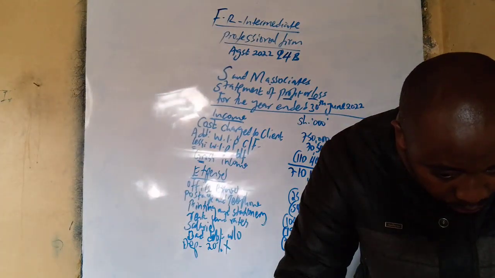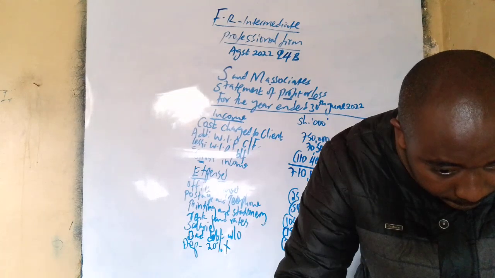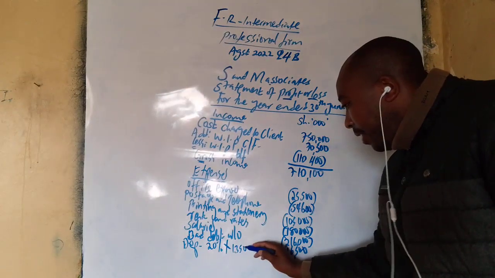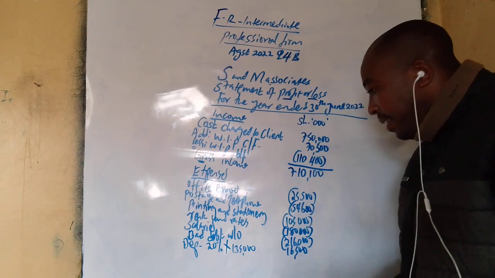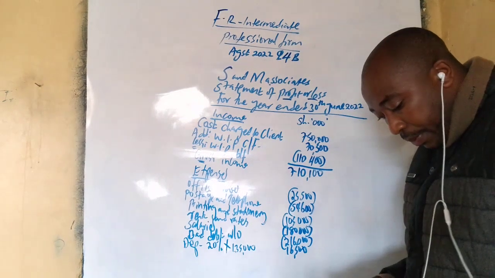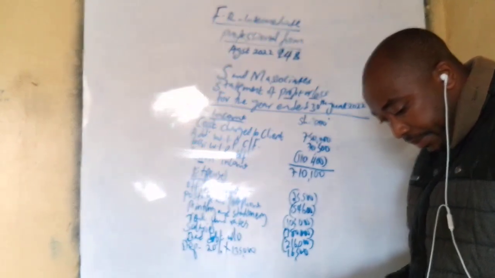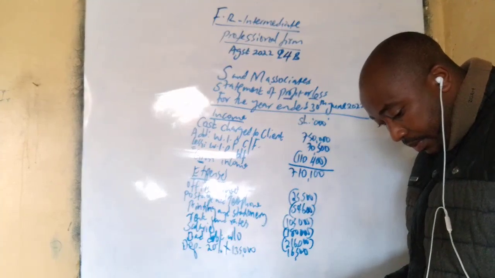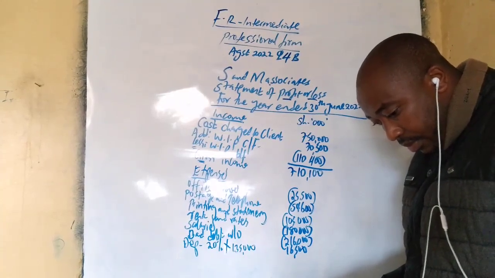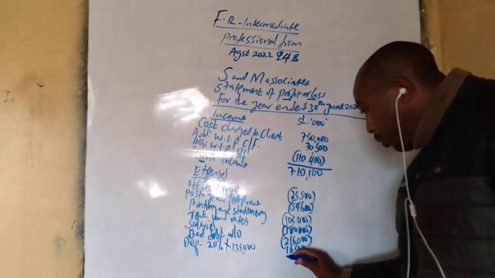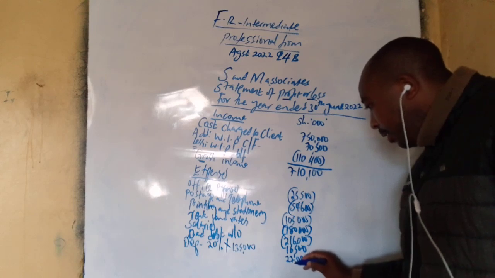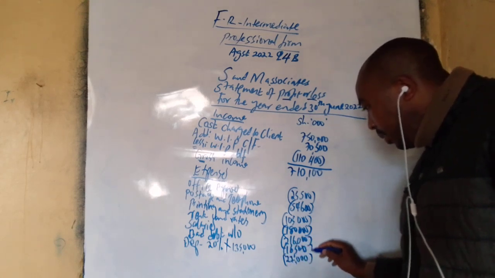It is amounting to shillings 135,000. When you multiply 20% by 135,000, you get around 27,000. And remember, all this we are minusing.